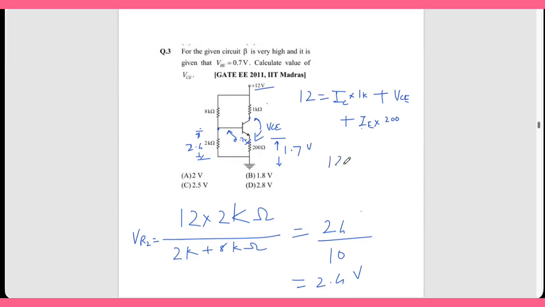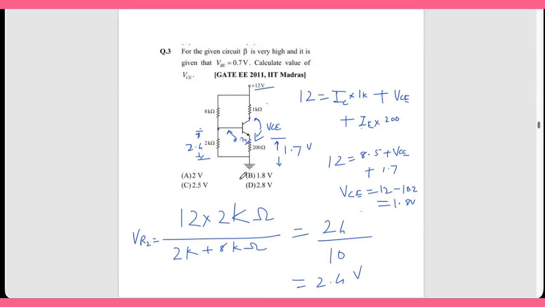So 12 equal to 8.5 plus VCE plus 1.7. 8.5 plus 1.7 is 10.2. So VCE is equal to 12 minus 10.2, which is 1.8 volt. So the option is B.